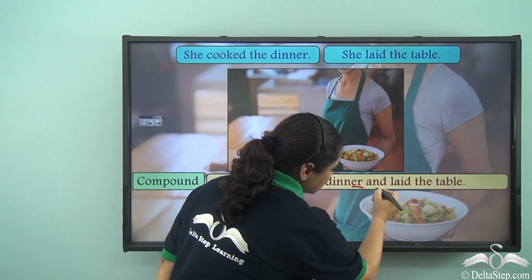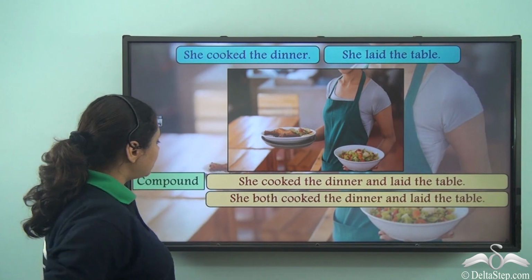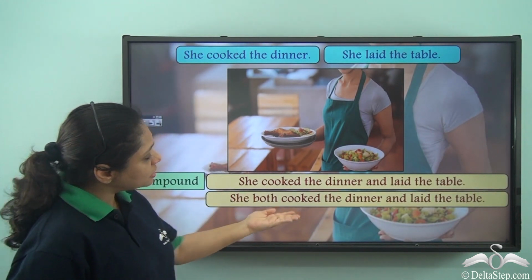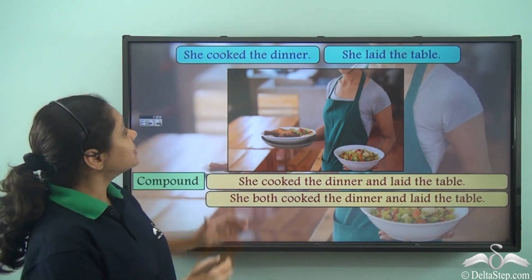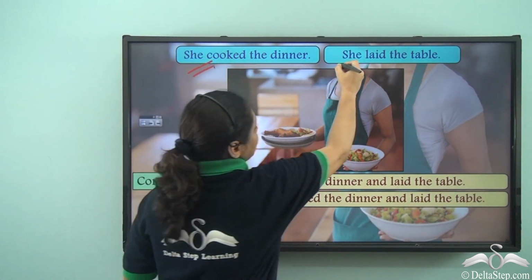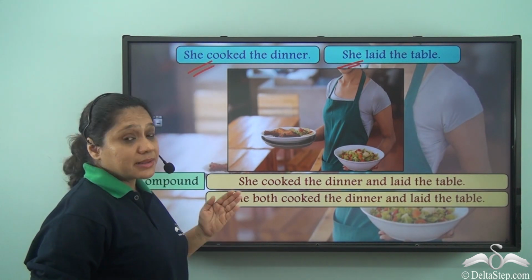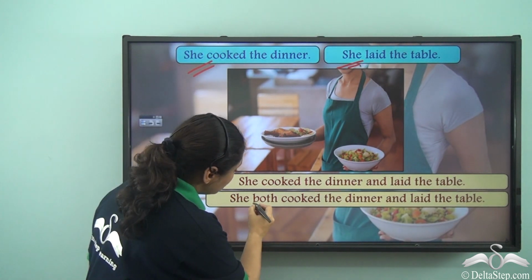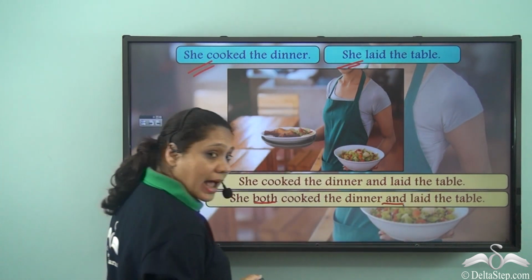Here we have used the coordinating conjunction and. We can also write, she both cooked the dinner and laid the table. Now since the subject is the same in both the sentences, we can join them like this. And in this sentence, we have used the correlative conjunction both and.